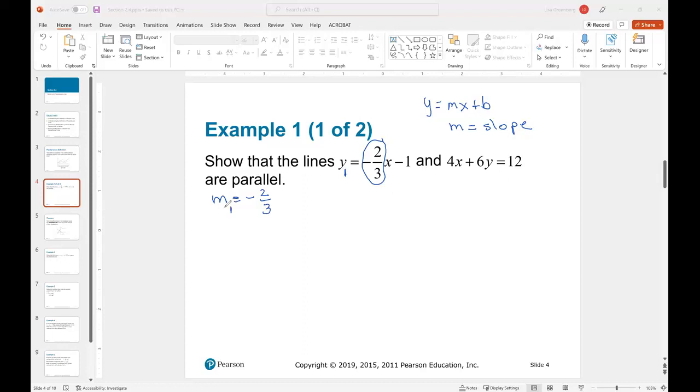Now for the second one, it's not in slope intercept or point slope form, so I have to first solve for y. We're going to start with 4x plus 6y is equal to 12. This is actually called standard form. Slope intercept is what we want because we need the slope and the y-intercept.